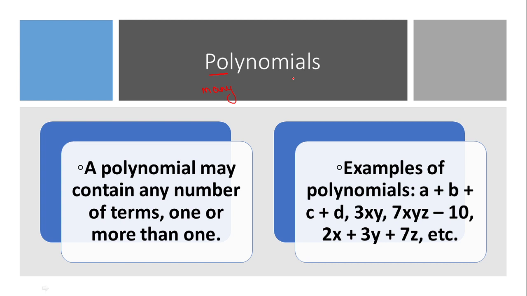If there are more terms like 4 or 5 terms, instead of giving it a specific name, they are generally called polynomials. Like here you can see a plus b plus c plus d, or you can take 2x plus 3y plus 7z. What are these? These are all polynomials.